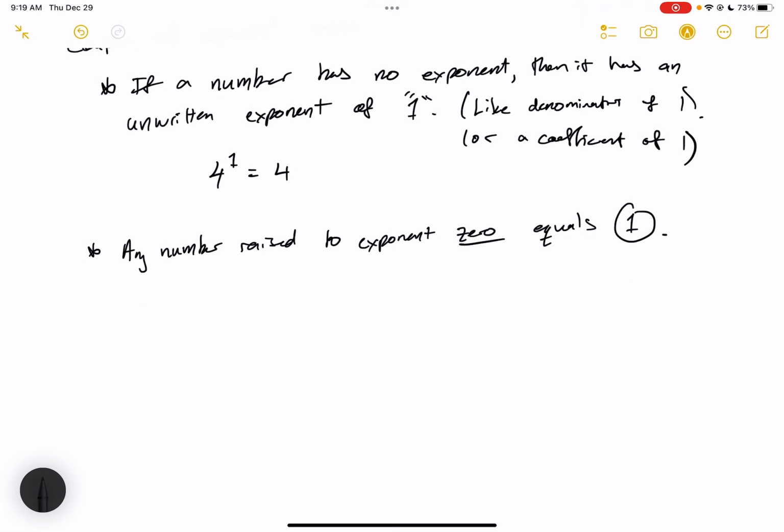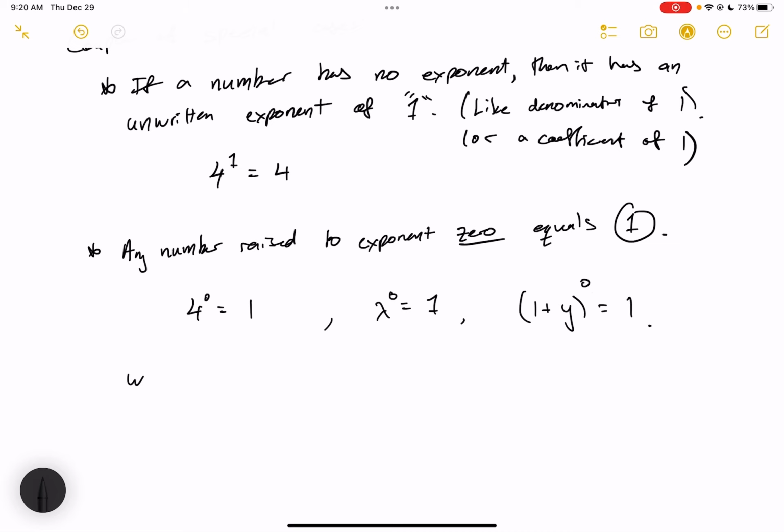So what this means is, no matter what number you have in your base, if we have an exponent of 0, the entire thing is just going to equal 1. So for example, 4 exponent 0 is 1. x to the power of 0, also 1. 1 plus y, all to the power of 0, just 1.